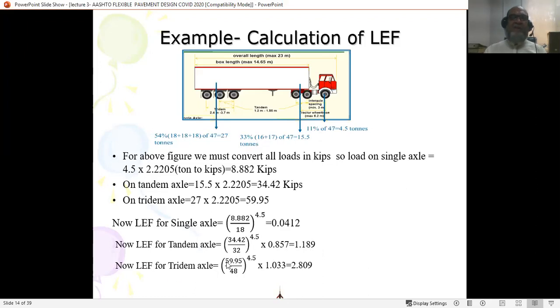Similarly for tridem axle load. I hope you have understood very clearly how to convert a tandem axle load to a single axle load, and a tridem axle load to a single axle load, and how to calculate load equivalence factor. Now we move ahead.